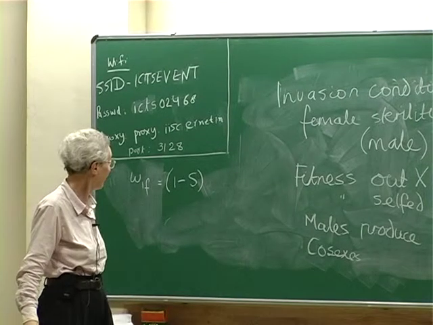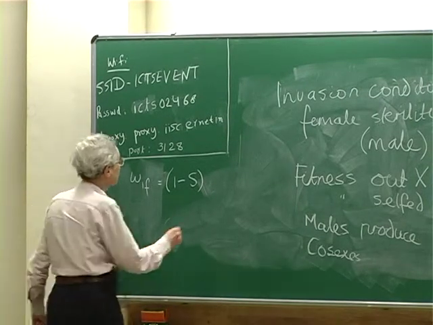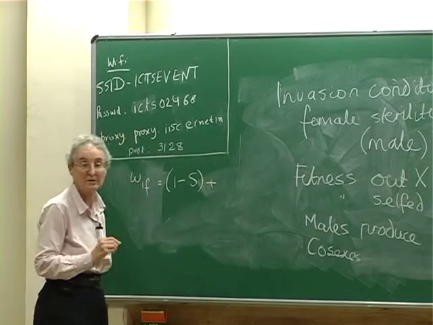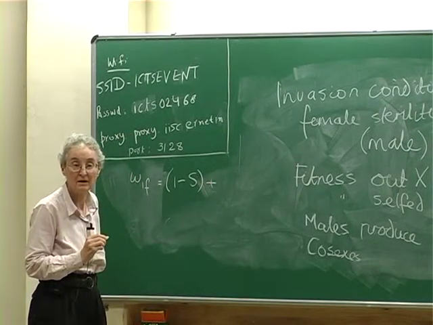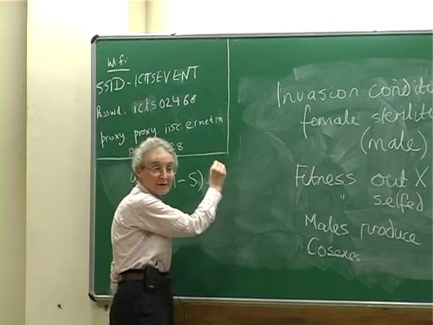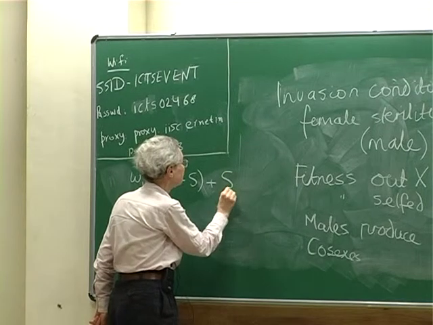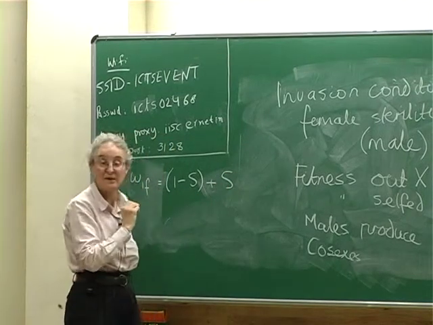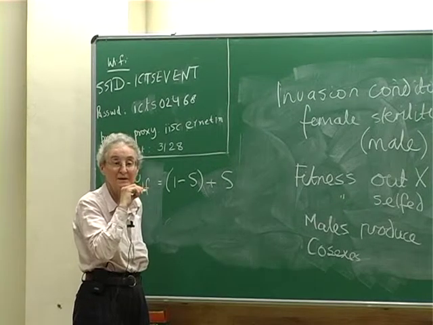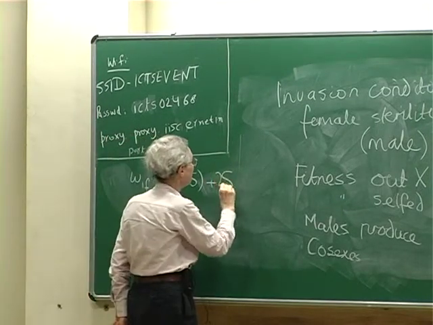Okay? And what about self-fertilization? So it can also produce offspring as a female through self-fertilization. So we have probability S. And how many gametes go into each progeny produced by selfing? 2. So we have 2S.